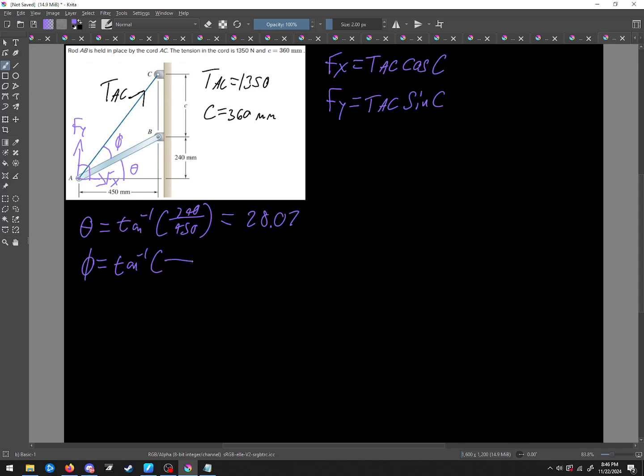So that is going to be 53.13 minus 28.07, which equals 25.05. Boom. So now we have our two angles.